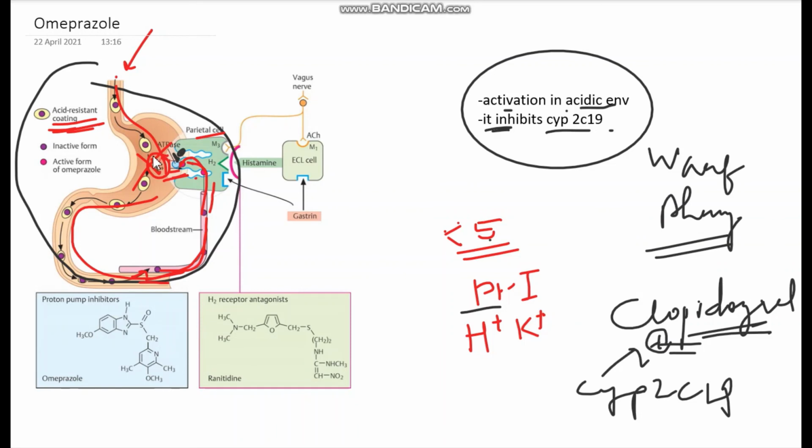If omeprazole is given simultaneously, it will inhibit CYP2C19, and that is why there will be no activation of clopidogrel, and clopidogrel will not be able to function. So omeprazole cannot be given to patients who are on clopidogrel prophylaxis, or there should be a proper gap maintained between the two drugs. These are a few instructions regarding omeprazole.